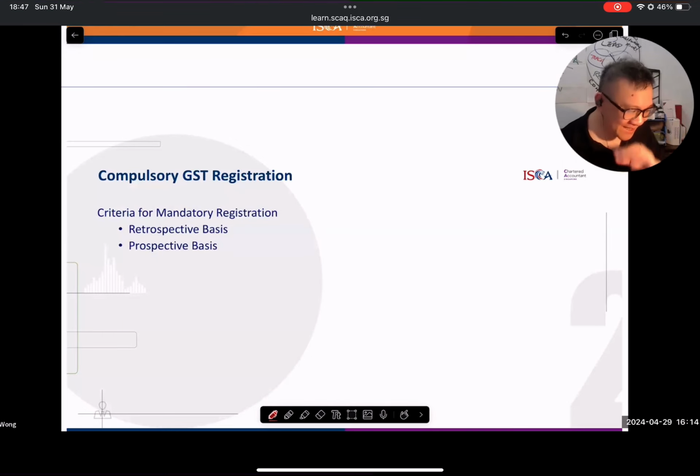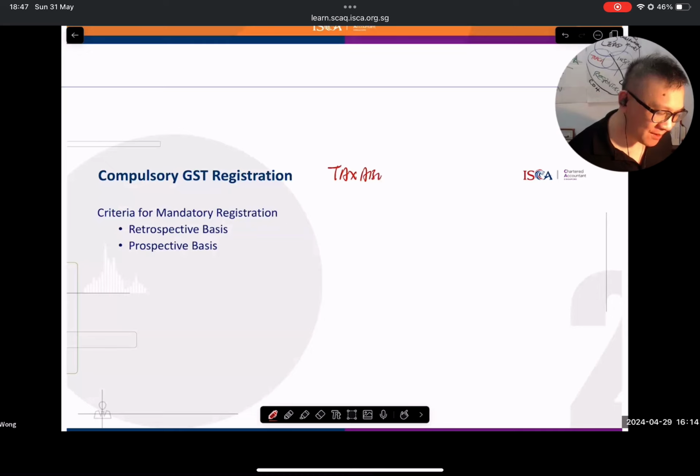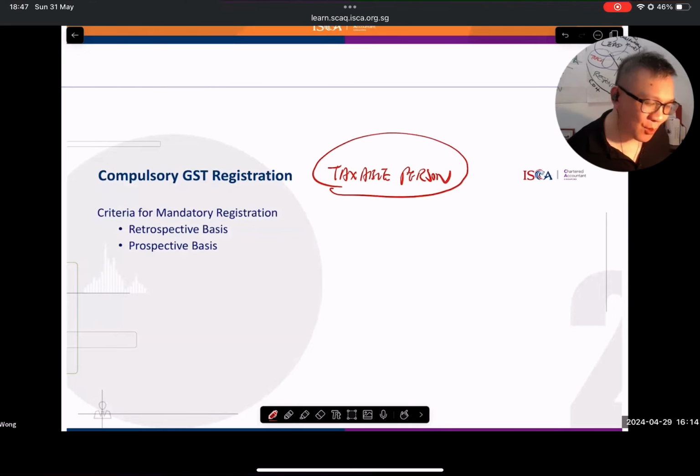Now, under the GST Act, before we even talk about GST registration, if you take a look at the materials you have, I want to draw attention to the concept of taxable person. This is very important for us to know why GST registration is important.